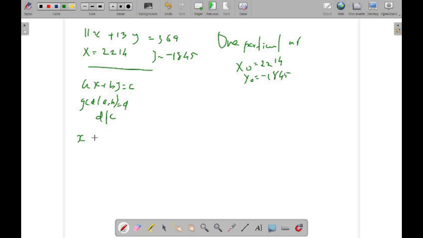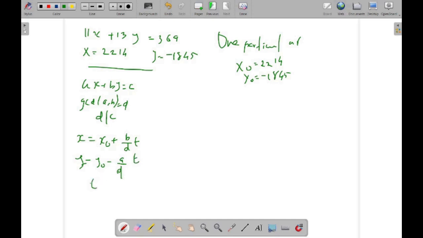In general, x equals the particular solution x0 plus b by d into t, where d is the GCD of a and b and t is an integer, and y equals the particular solution y0 minus a by d into t.